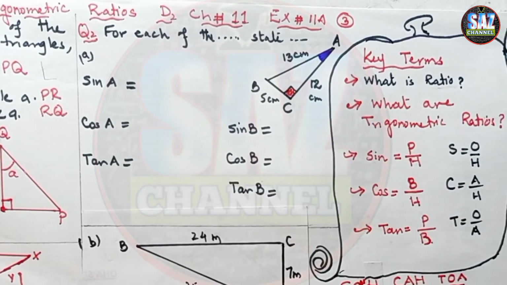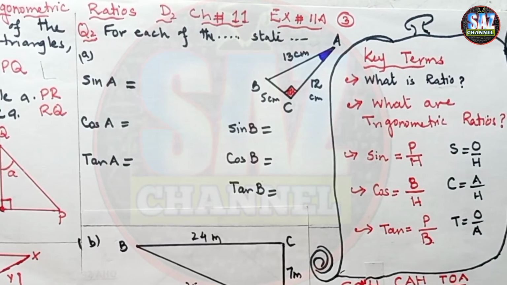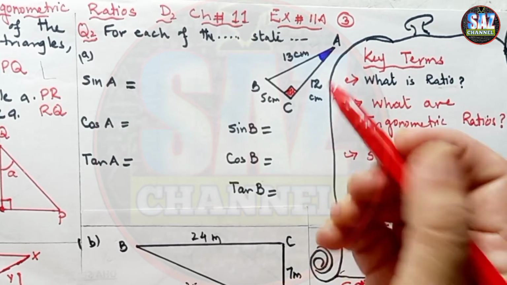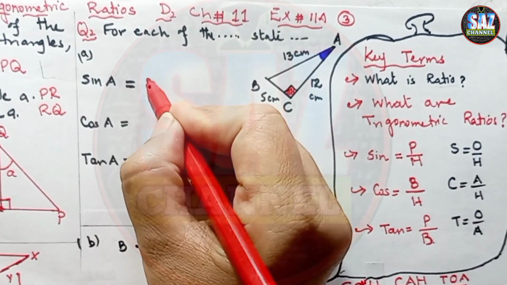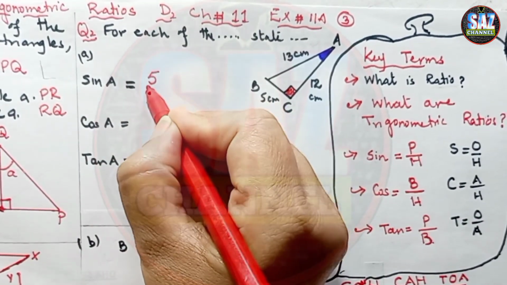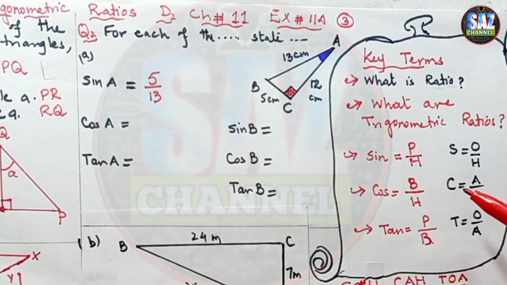Okay, now the formula for the sine is opposite upon hypotenuse. So it will become 5 by 13, sine of A is 5 by 13. Coming to cos, cos is adjacent upon hypotenuse.